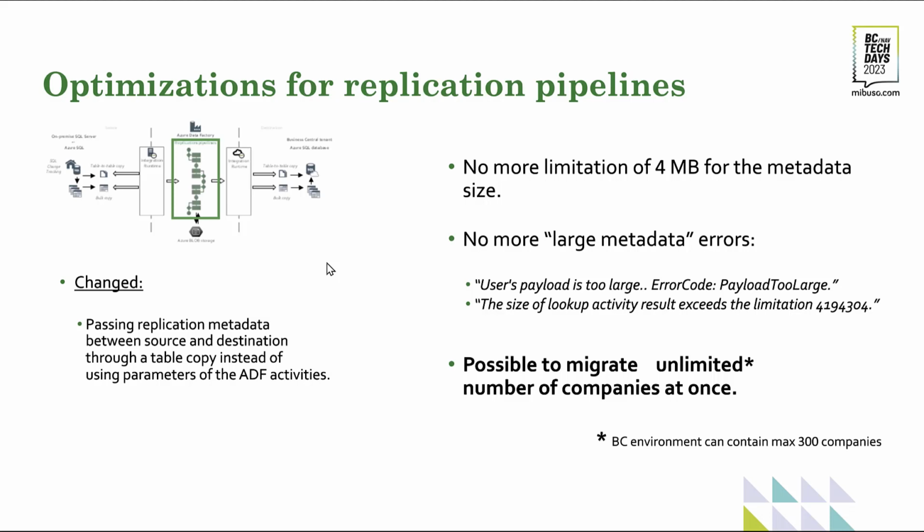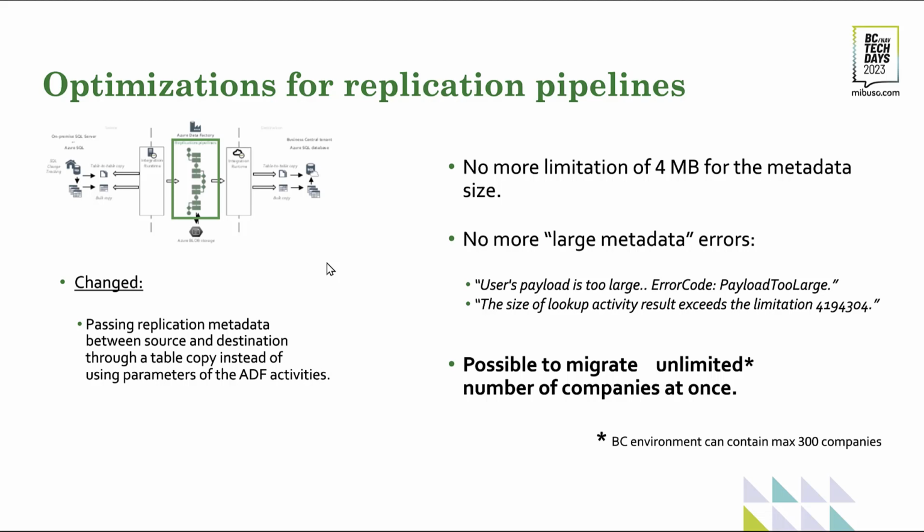And we removed the limitation on the number of companies being replicated. Of course, it's important to remember that Business Central supports not more than 300 companies in a single environment. But now all these companies can be replicated in one single run if you have a powerful on-premise SQL Server.